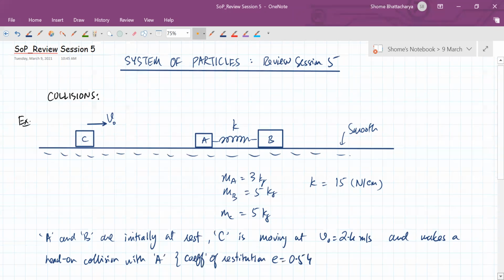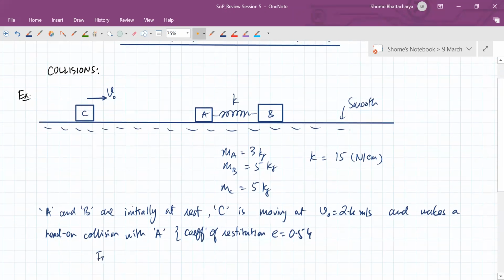So we have to find the speed of C, or the velocity of C, and the velocity of A immediately after impact.